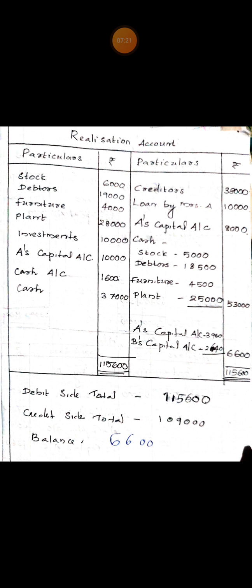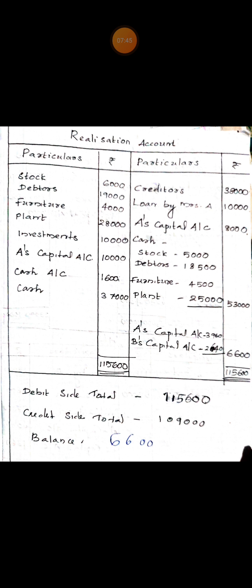Debit side total 1,15,600. Credit side total 1,09,000. Balance 6,600. Balance on credit side means loss.